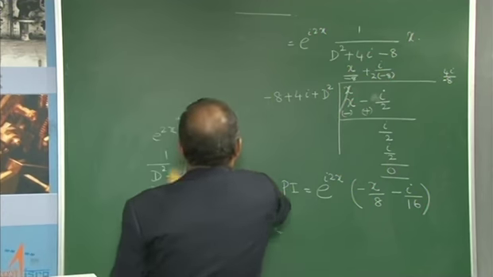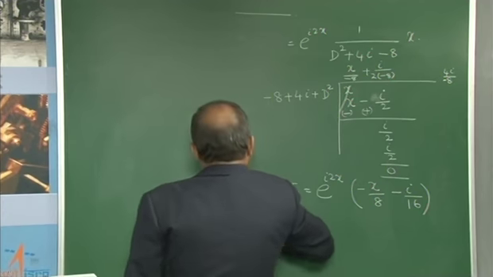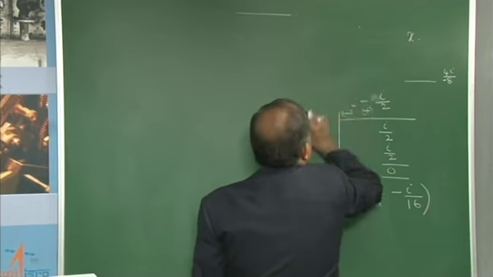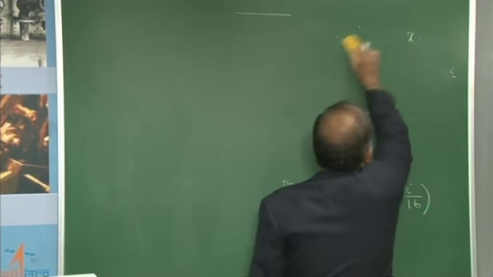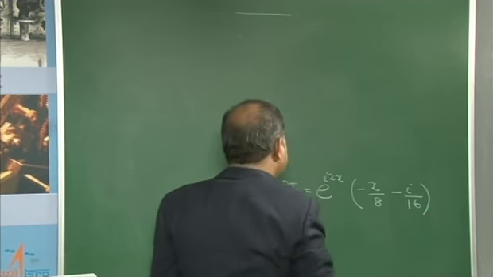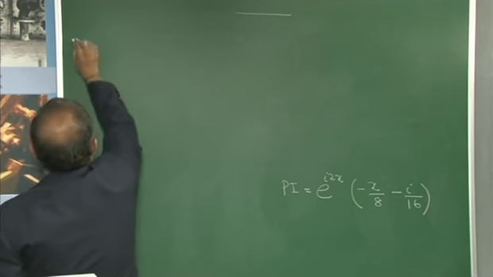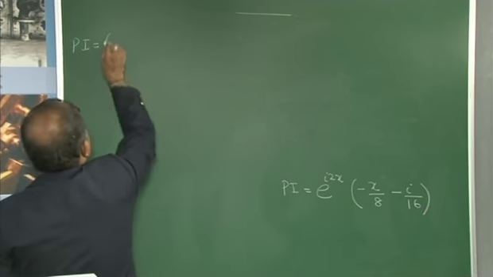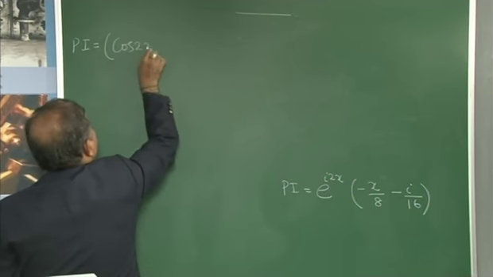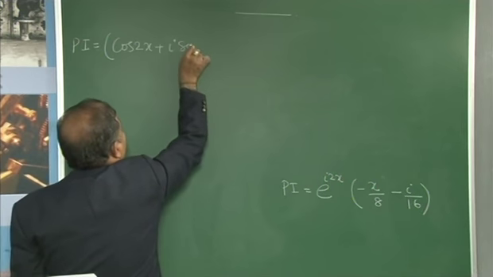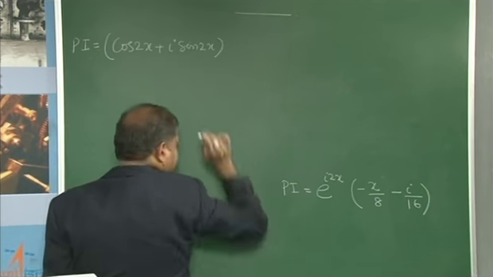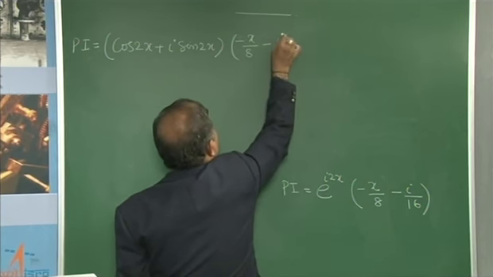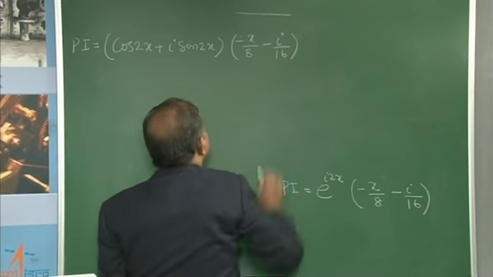How to take the imaginary part? My advice is, first you multiply, find all the factors, then you can find your imaginary part. See this here, the particular integral is equal to, what is e power i2x? Already we told, cos 2x plus i sin 2x, then into minus x by 8 minus i by 16.